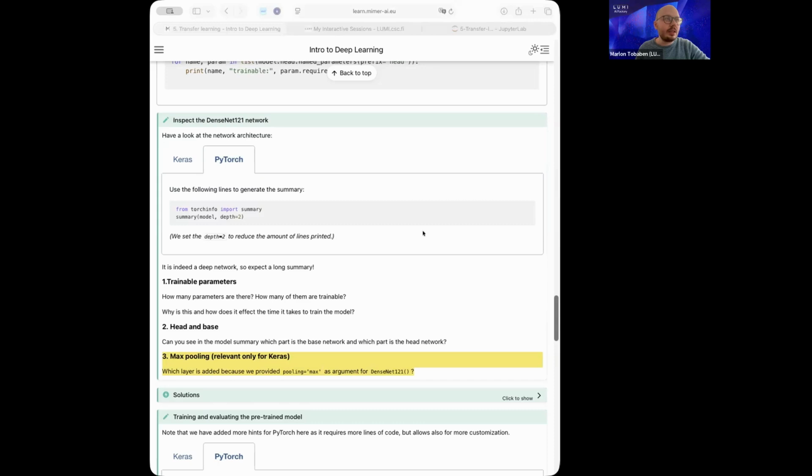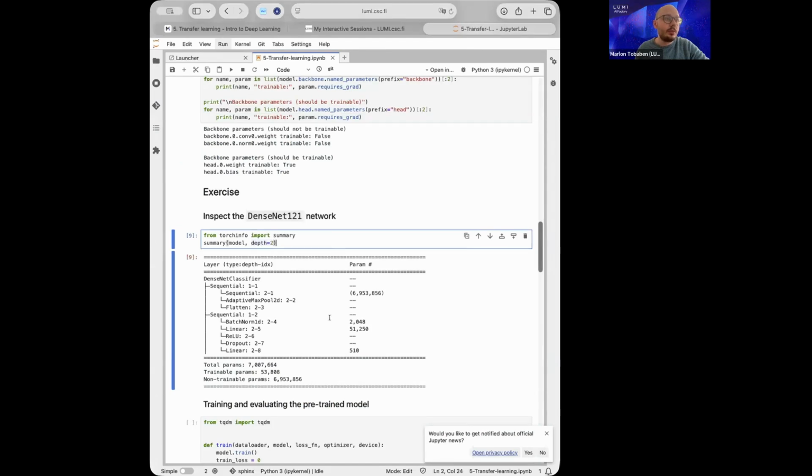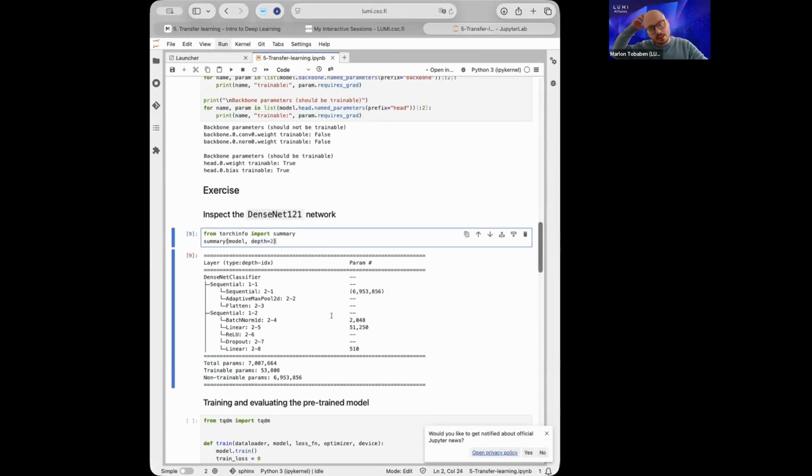In these answers, maybe one thing to mention: the number of parameters is slightly different for Keras and for PyTorch, so don't worry about that. In the ballpark, they are the same. So maybe we could give some time, and then Ludovico can be the person answering these. Yes.